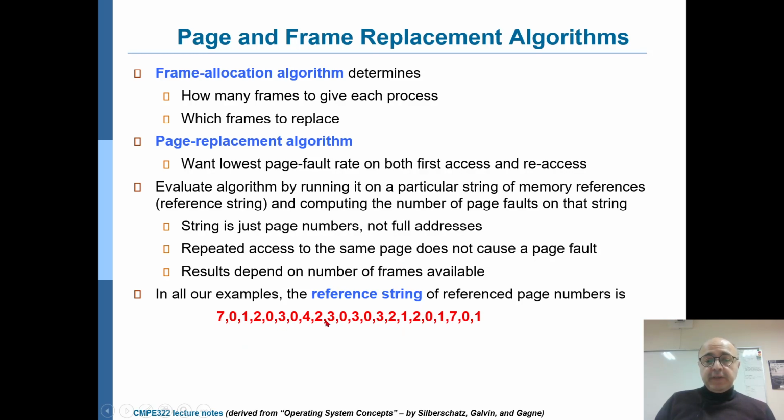Here, for example, we have one reference string, which is also used in the examples we have in this chapter. The assumption is we first access page 7. Now it could be several processes, but the processes in memory are accessing 7, then 0, then 1, then 2, 0 again, 3, 0 again, 4, 2, 3 again, going in this way.